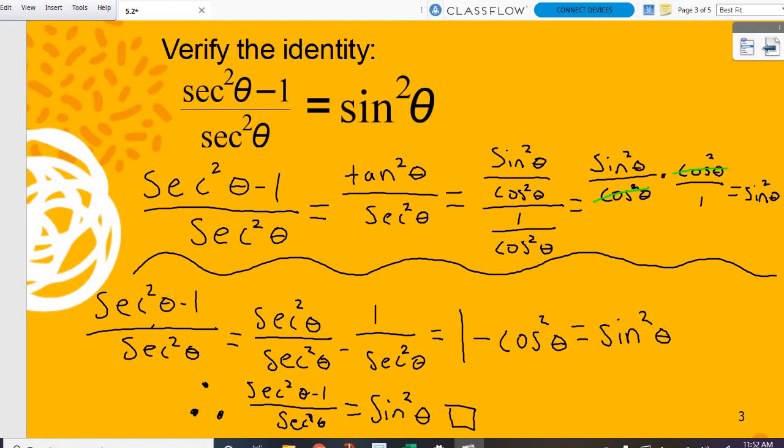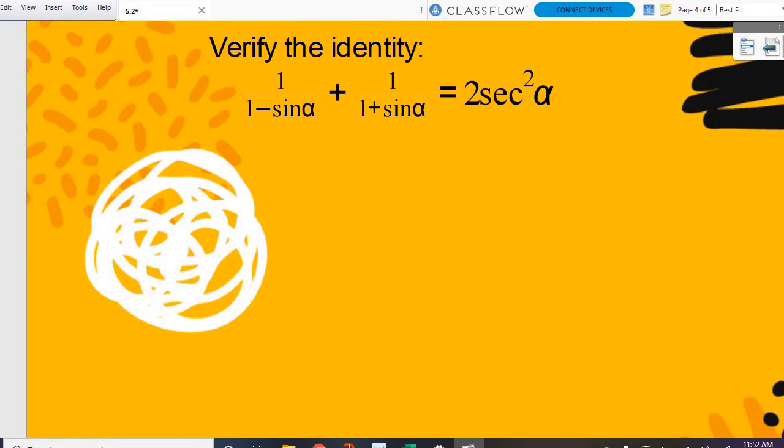So let's look at another one. In this one, I have 1 divided by 1 minus sine of alpha. That is an alpha. Just like we use thetas and pi for things, those are both Greek letters. Alphas and betas, and sometimes gammas, are also Greek letters that we'll see come up.